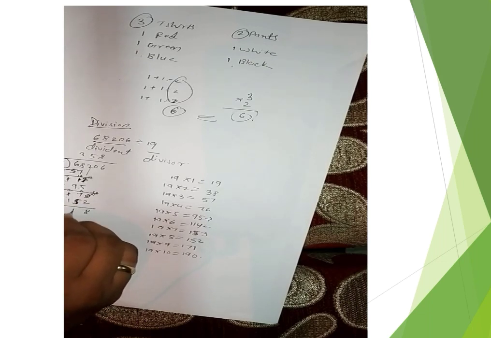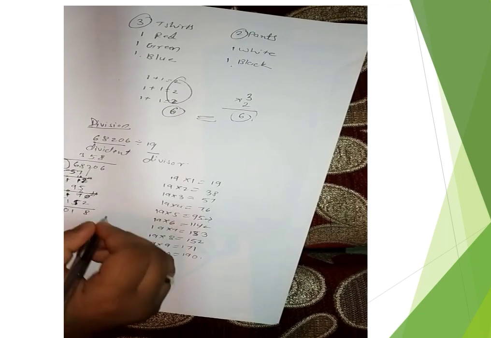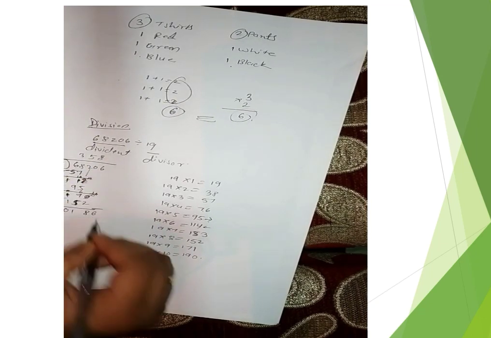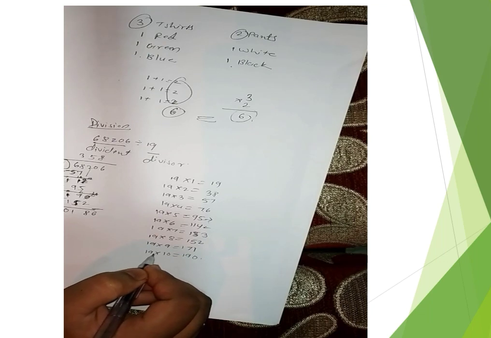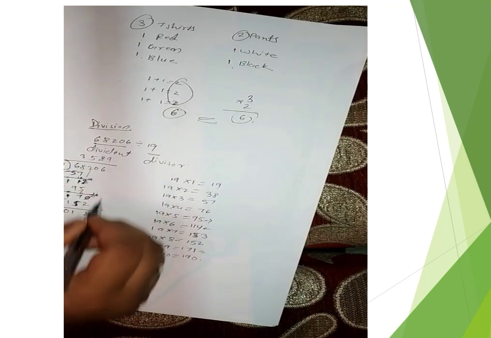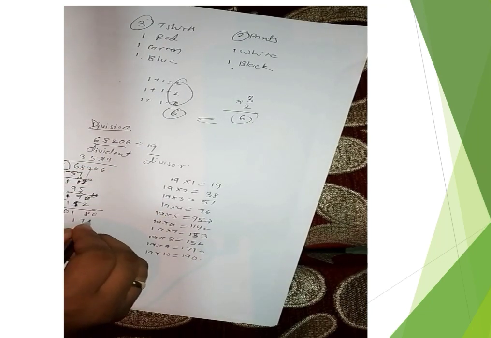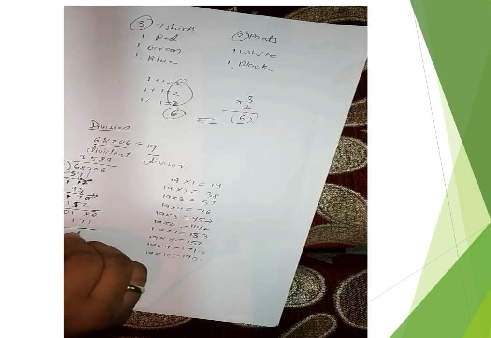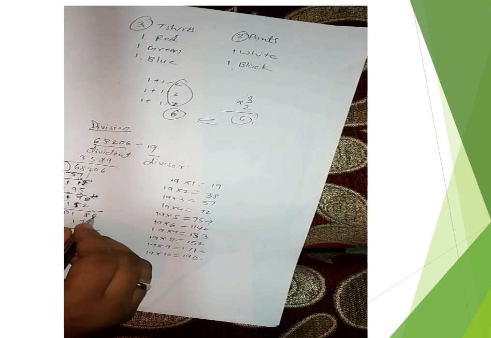Then we will bring 6 down. 186. So here 19 into 9 is 171. So the remainder will be 15.